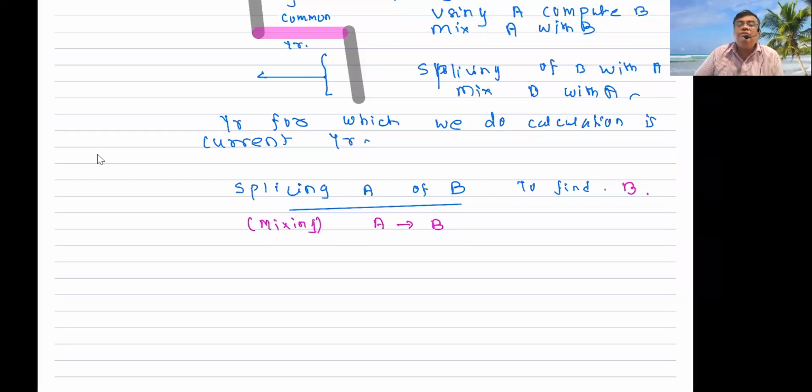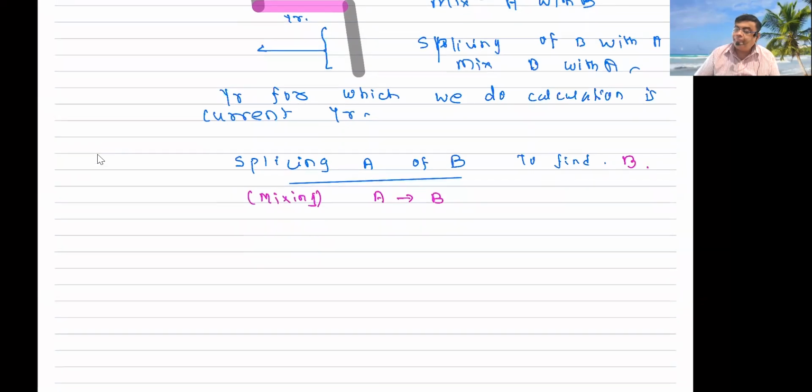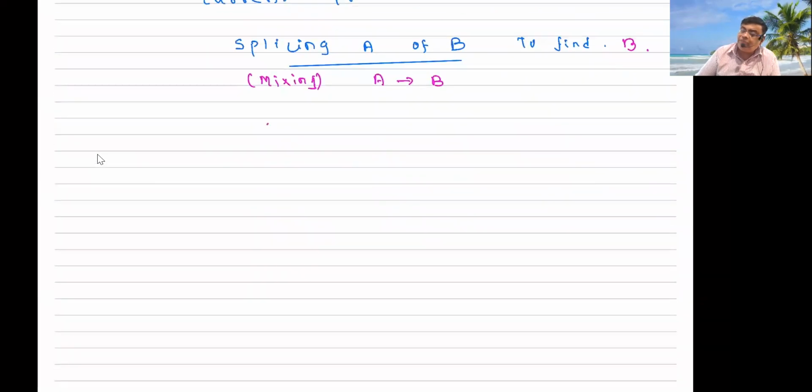I want to find B, so I say B is equal to B divided by A, multiplied by A. I'm telling you a shortcut.